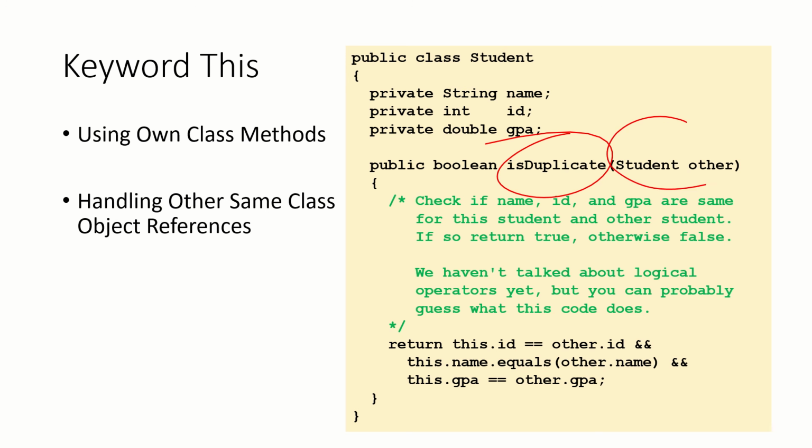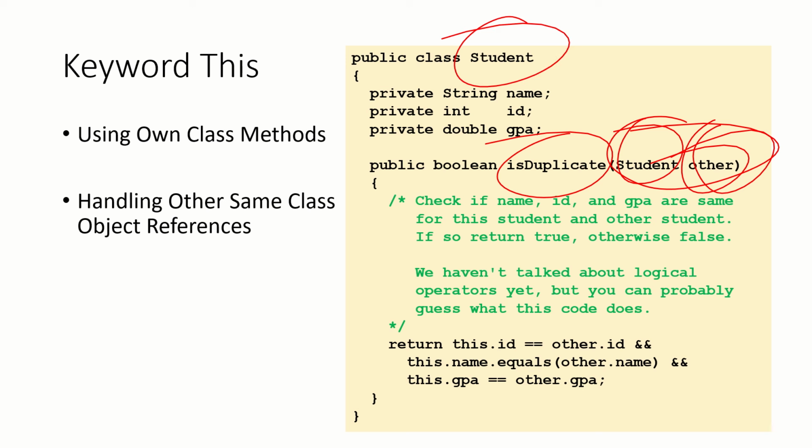This method has a parameter using the Student class. So this other means the object you want to compare. You gave it the name other. So compare to who?